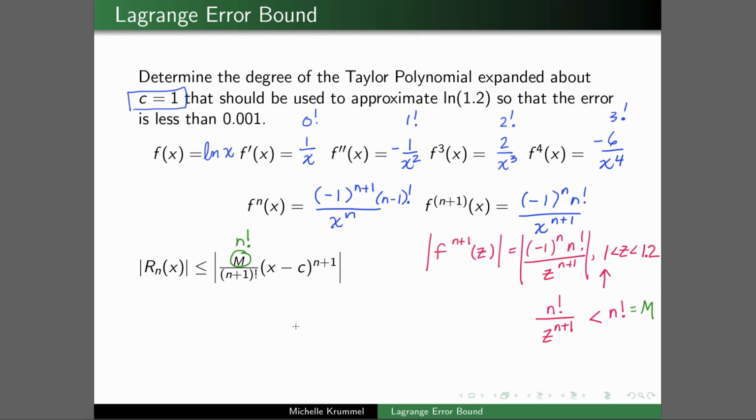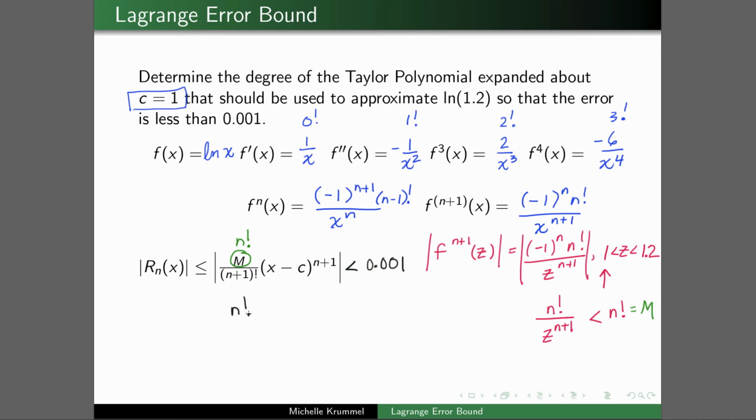Now we're trying to find the value of n that is going to give us an error less than 0.001. We want our error to be less than 0.001.